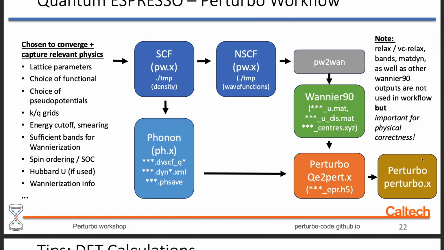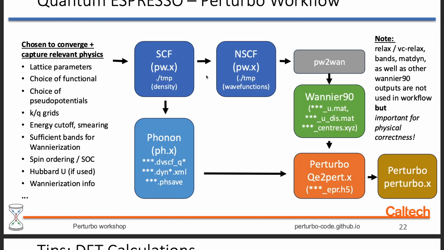That will be covered in the subsequent talks. But I'll talk about getting the electron-phonon coupling and using the part of Perturbo to take the Quantum ESPRESSO outputs and get the real space coupling.